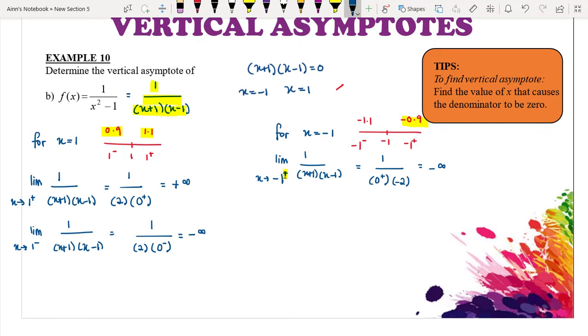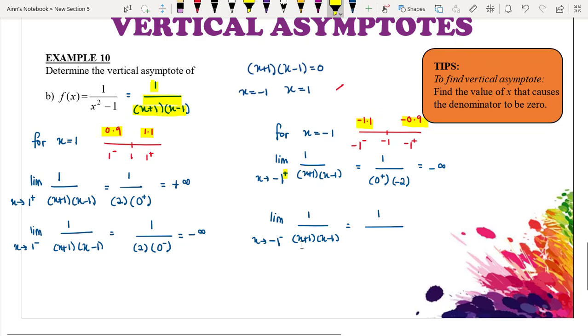Okay. Again, the last one, we need to find the limit of 1 over (x plus 1)(x minus 1), when x approaches negative 1 from the left. So now we have 1 over, negative 1 from the left, substitute here, we can take the value of negative 1.1.